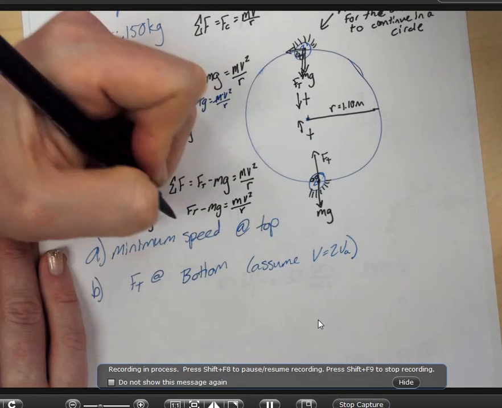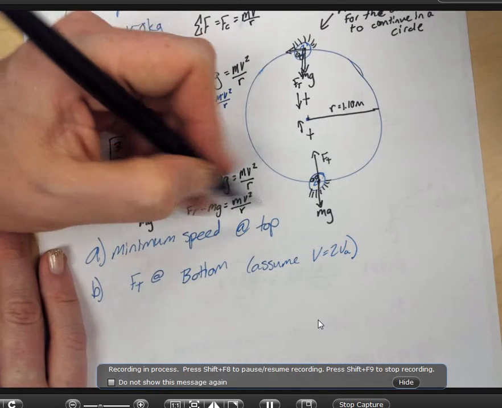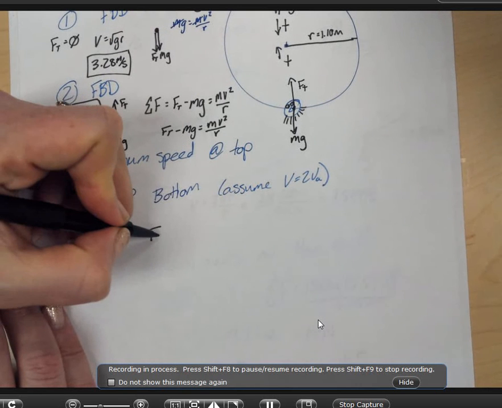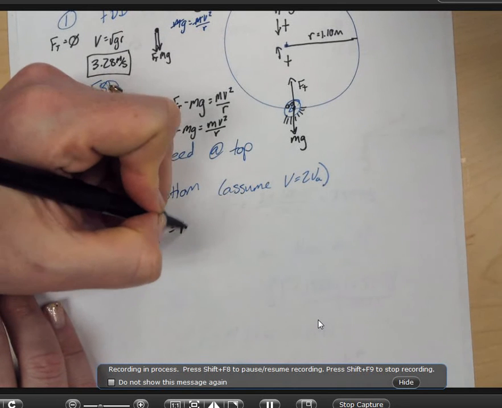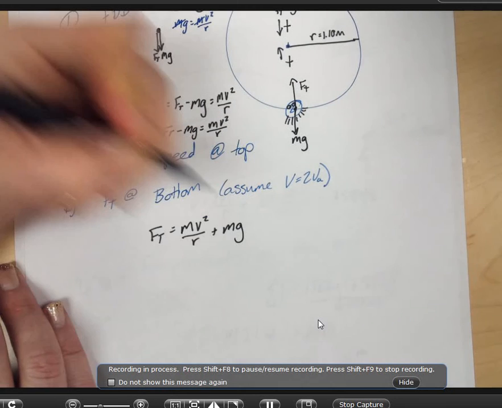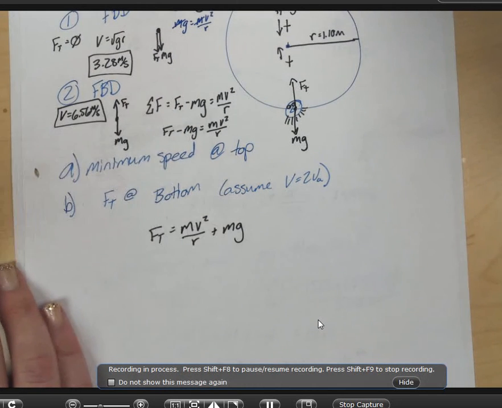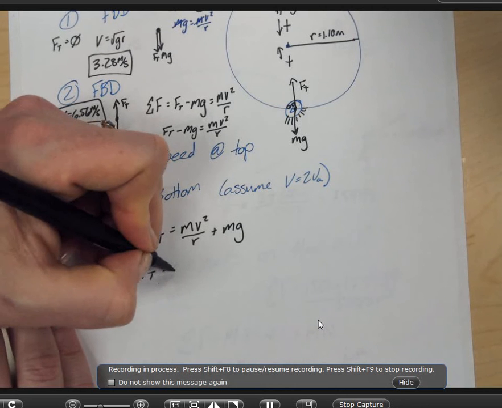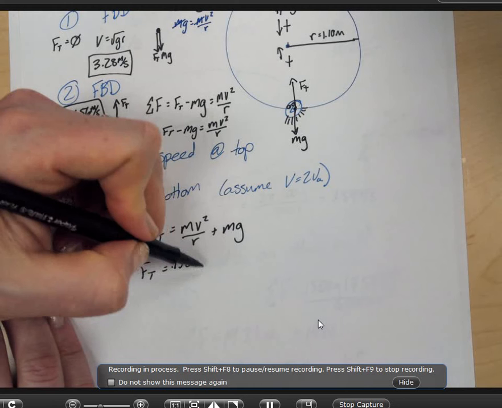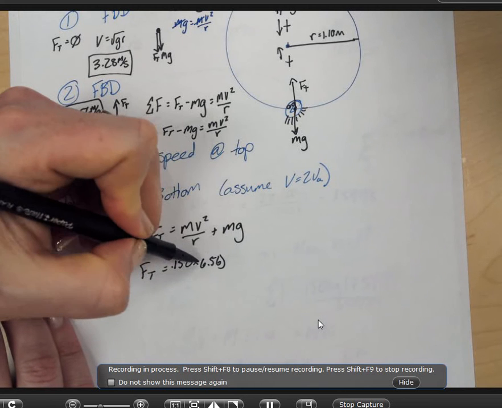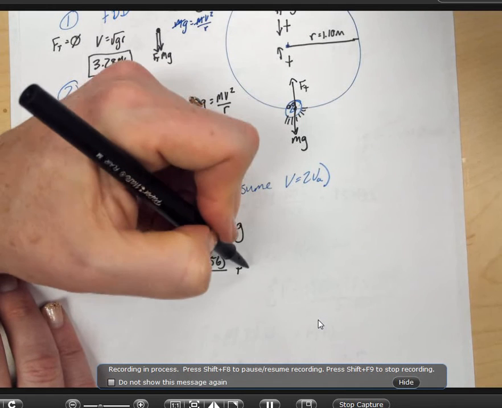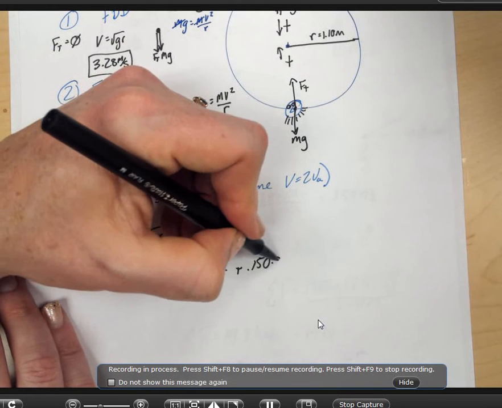I'm solving for force of tension, so I'm going to add my mg to both sides. I'm going to go ahead and say ft equals mv squared over r plus mg. Now here my m's stick around, so I have ft equals 0.150 times 6.56 squared divided by 1.1 plus 0.150 times 9.8.